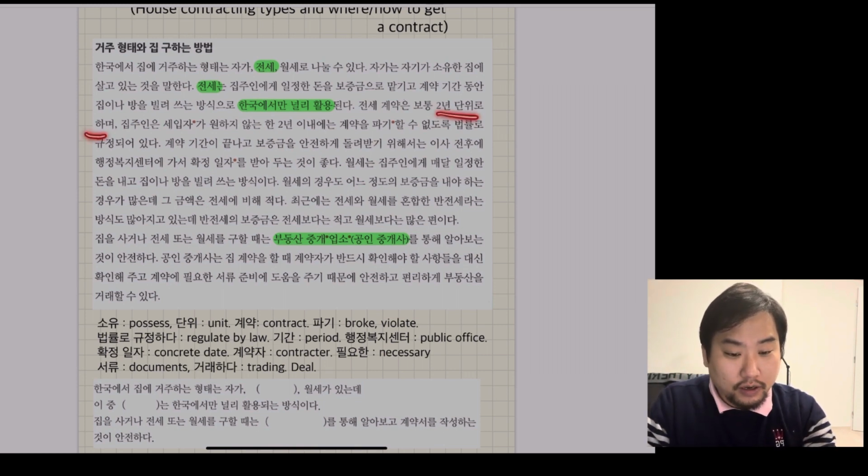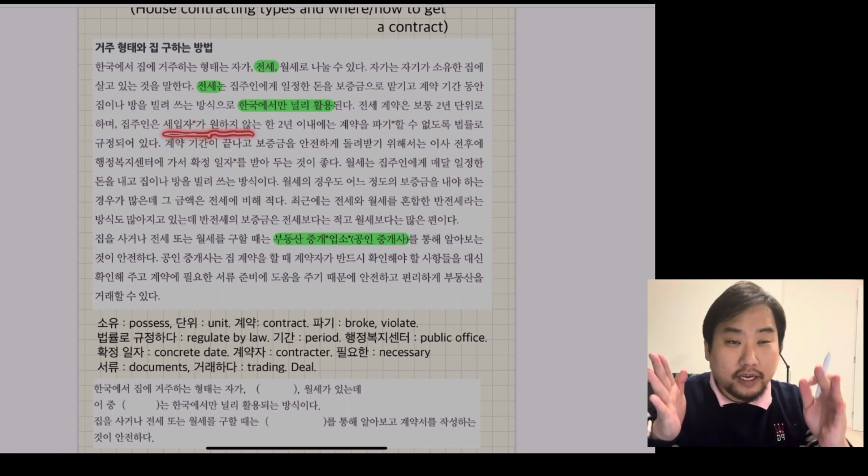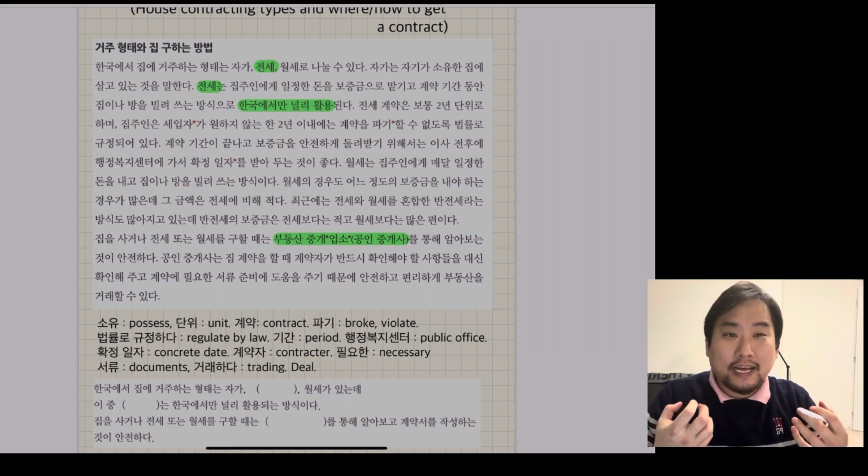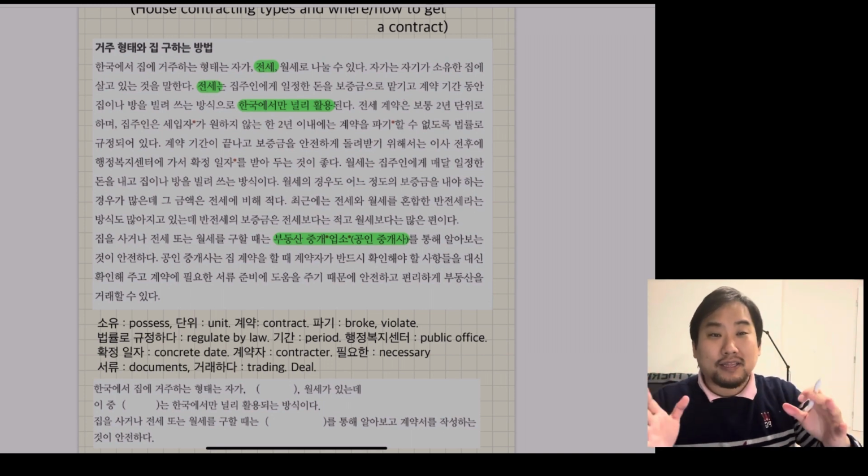2년 단위로 하며 집주인, the owner는 세입자가 원하지 않는 한 2년 이내에 계약을 파기할 수 없도록 법률로 규정되어 있다. So unless the tenant requires it, for at least 2 years the owner cannot push away the tenant.